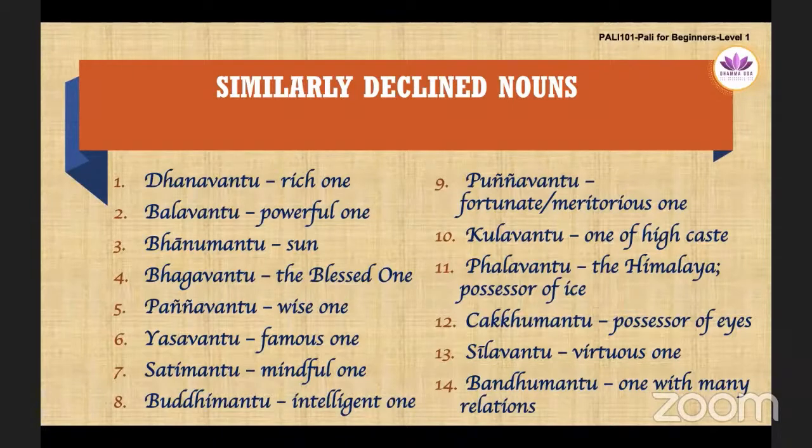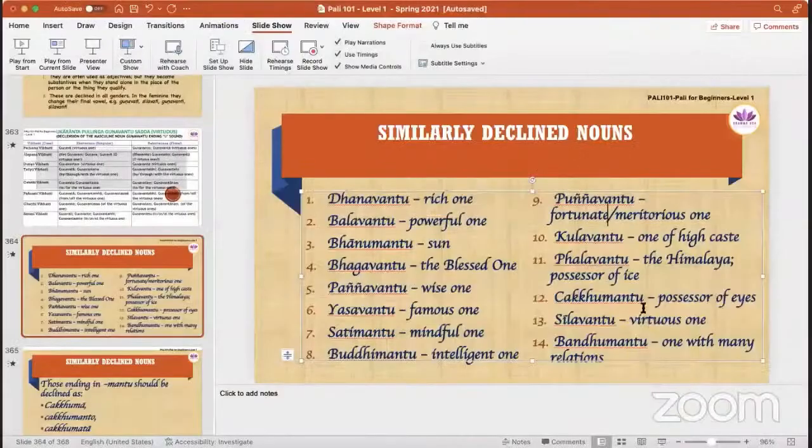Phala is fruit. This is Himavantu. The meaning here is Himavantu, not Phalavantu. Himavantu is the Himalaya. But Phalavantu is fruitful. Let me check.